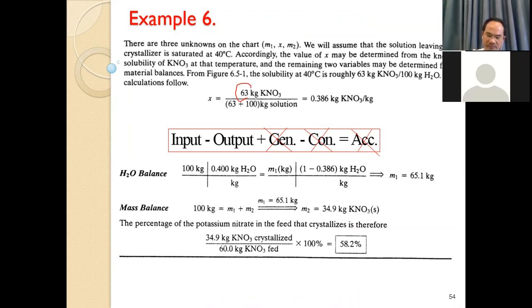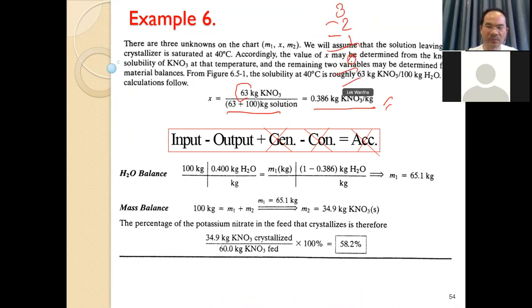We can put it as 63 kilograms potassium nitrate per 63 kilograms potassium nitrate plus 100 kilograms water, and you can get the fraction. This is the fraction of potassium nitrate. This is X. Now we have three unknowns, minus 2, minus 1, you get 0 degrees of freedom. You can balance because you reduced the unknown by X.